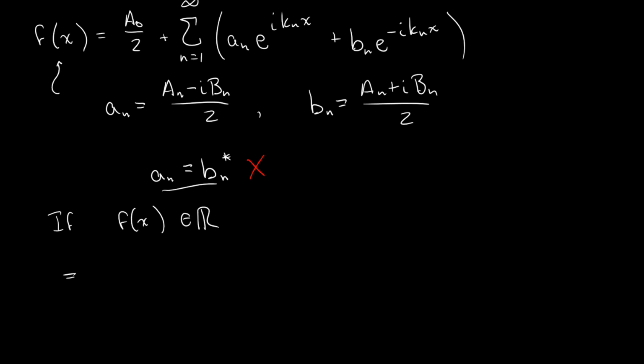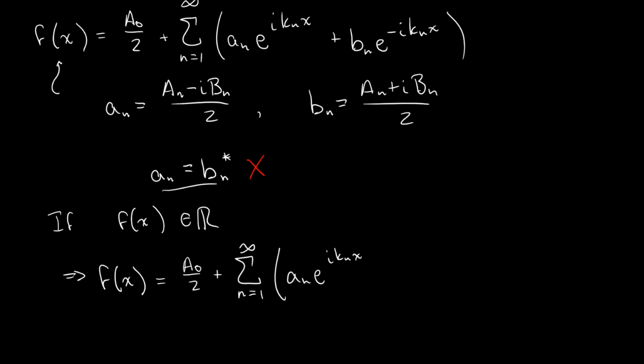So then I can write this as f of x equals a naught over 2 plus the sum from n equals 1 to infinity of a sub n e to the I k sub n x plus a sub n complex conjugate e to the minus I k sub n x. So this is only true if my function is real.